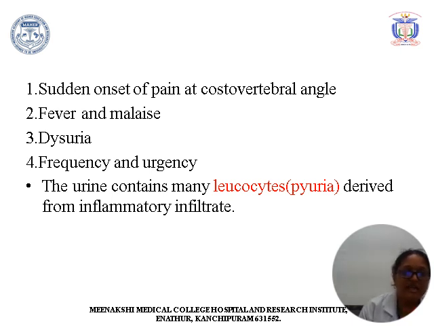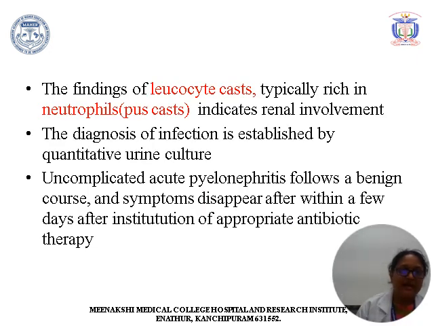The urine contains many leukocytes derived from the inflammatory infiltration. The finding of leukocyte casts, typically rich in neutrophils, indicates renal involvement. The diagnosis of infection is established by quantitative urine culture. Uncomplicated acute pyelonephritis follows a benign course, and the symptoms disappear within a few days after institution of appropriate antibiotic therapy.